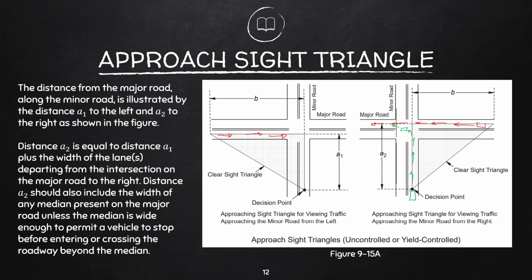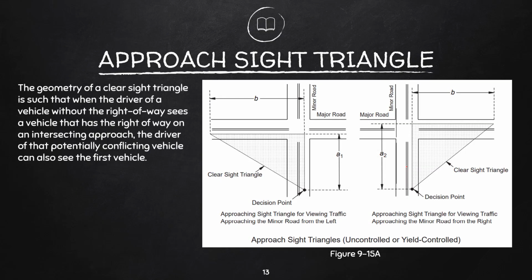Okay, so that is if the median, this median part, is wide enough to permit this green vehicle to stop before proceeding with the maneuver. But of course, if that is not that wide, you should consider it, and the safest thing to do is to stop at the edge of this intersection in the minor road before proceeding with your maneuver.